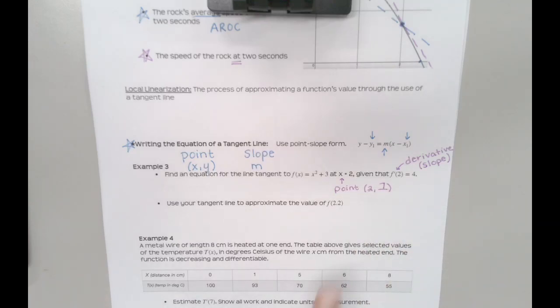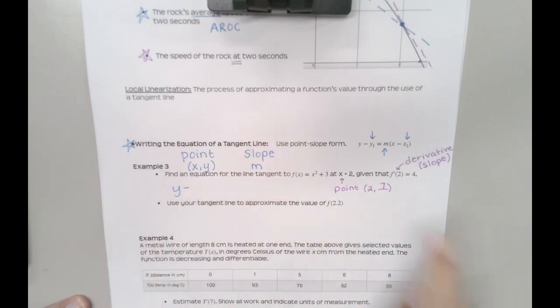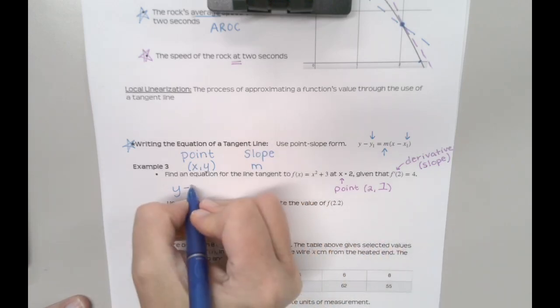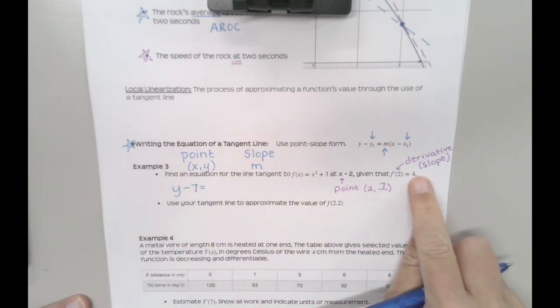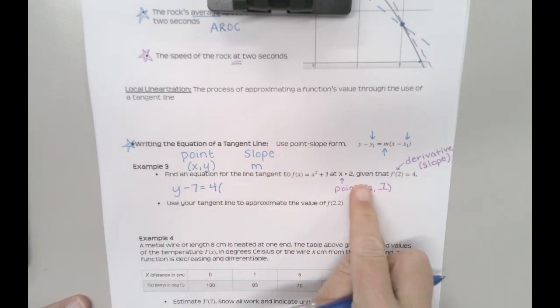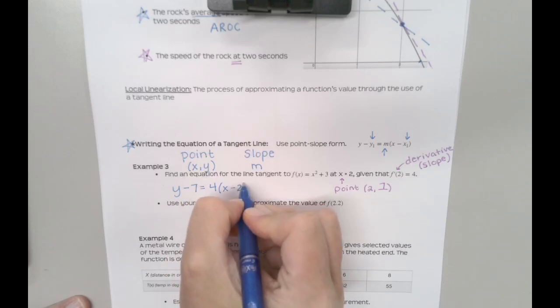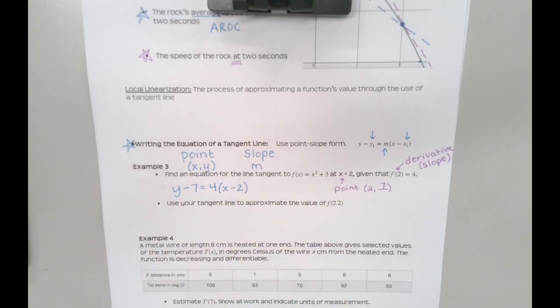And so then my equation, I'm going to follow this form here. I'm going to say y minus my y value of 7 equals my slope of 4, times x minus my x value of 2. And that's it. I'm going to leave my equation right there. That's good enough for a tangent line.